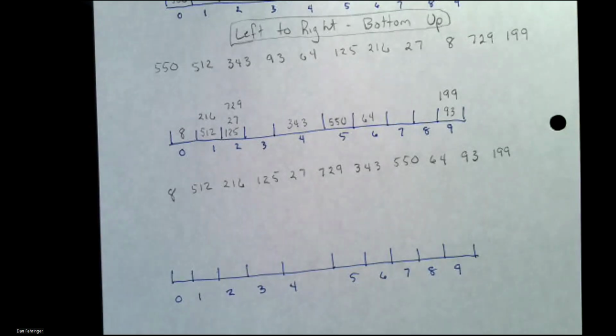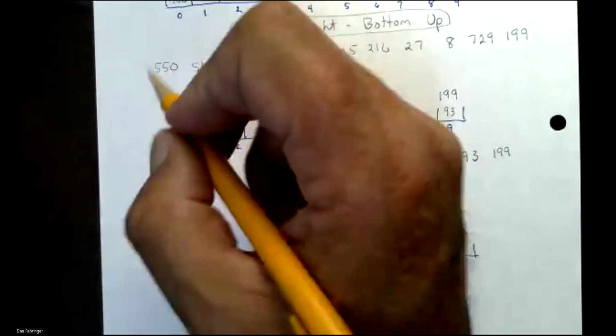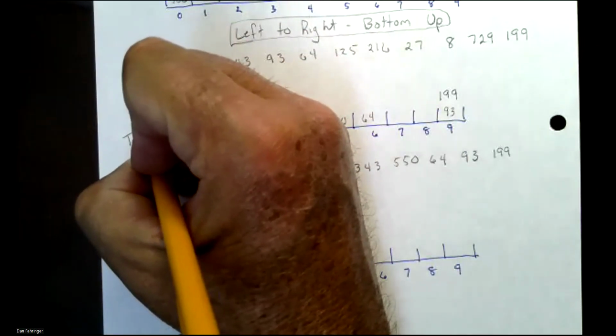Now by the hundreds. We went by the ones digit. We went by the tens digit.